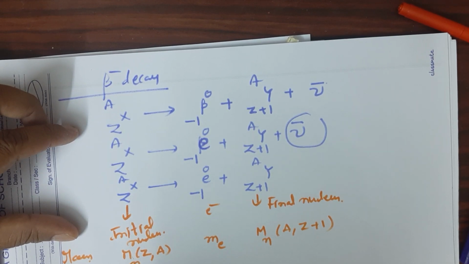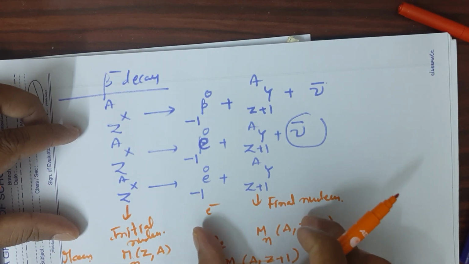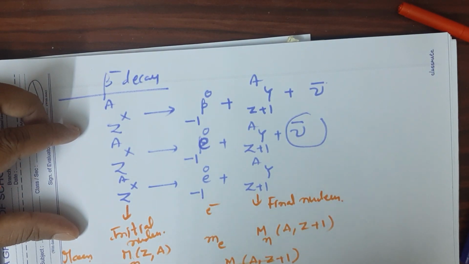Mass defect is nothing but the total mass of the products minus the mass of the parent nucleus, or initial nucleus. So delta M is equal to Mn of ZA, because the initial mass is more than the masses of the products.